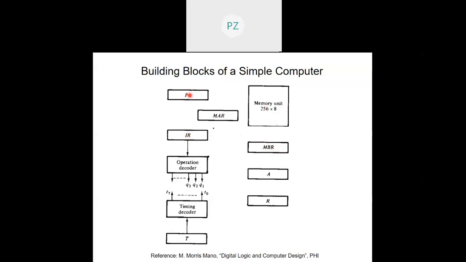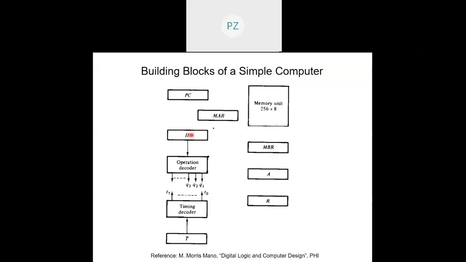The program counter is essentially the memory address register for an opcode. An instruction register is a memory buffer register for an opcode. Okay, things will get clearer. So they are special purpose registers, just as MAR and MBR are special purpose registers.